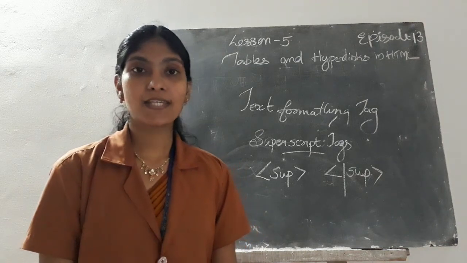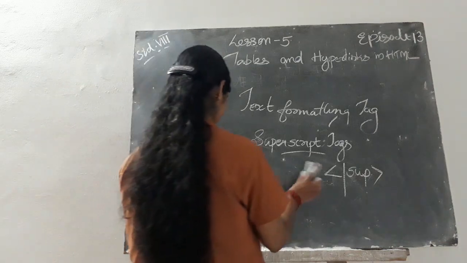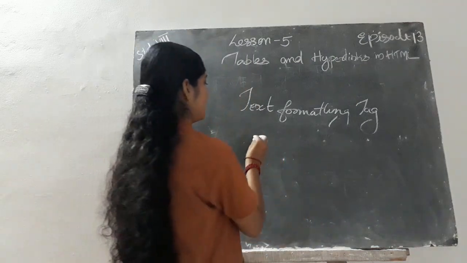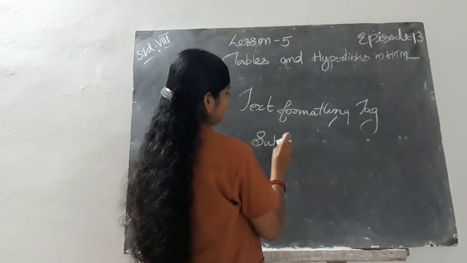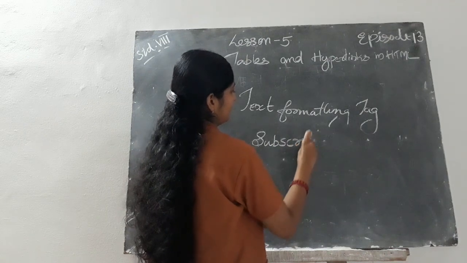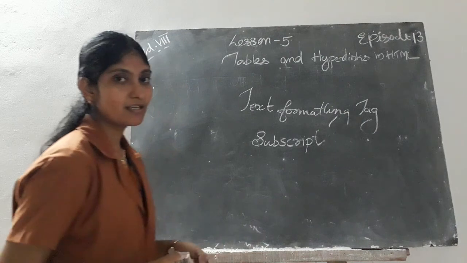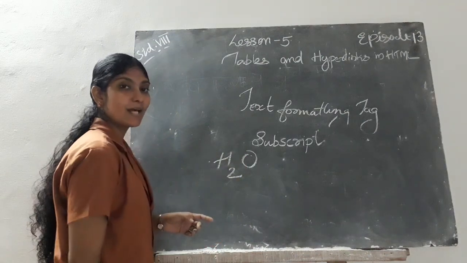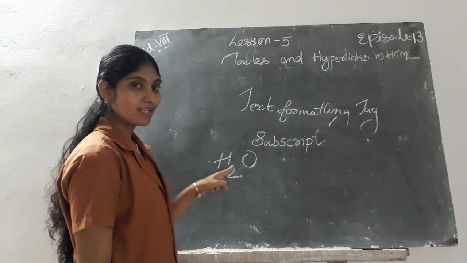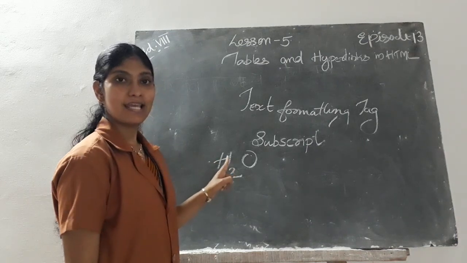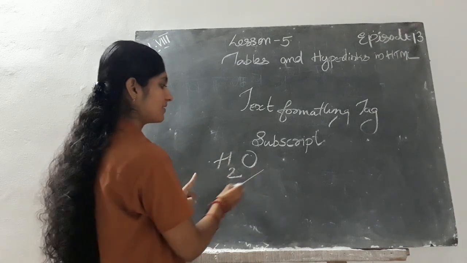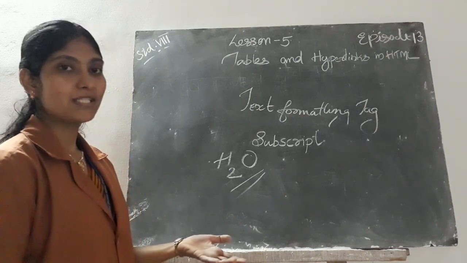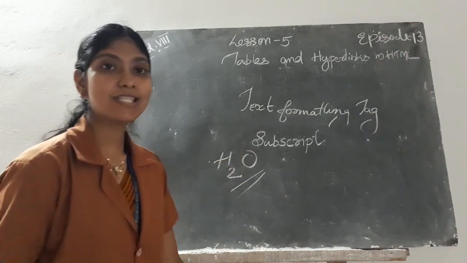Next is subscript tag. Subscript means what? For example, H2O. This is subscript. We can write 2 below the letter H. That is subscript. So if you want to make any subscript between the text, you can use which tag?